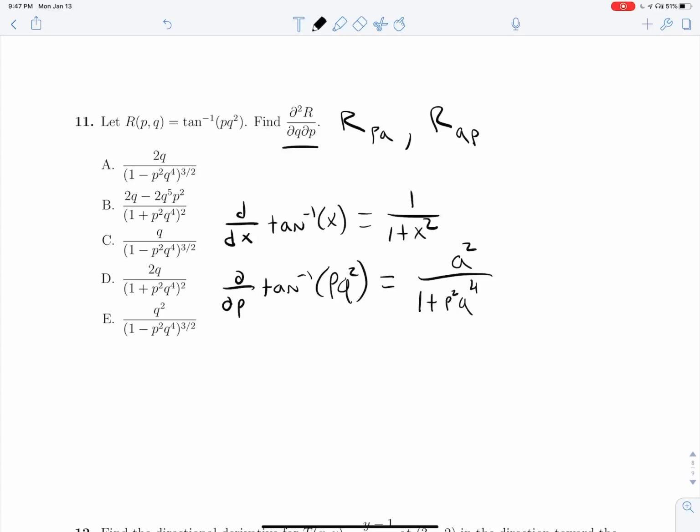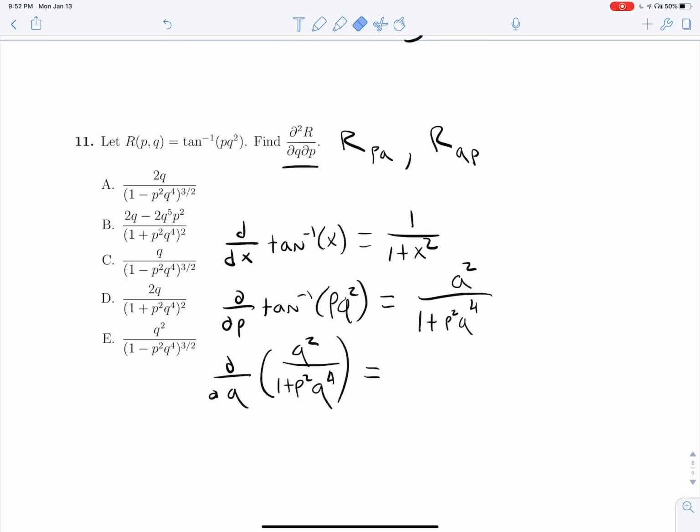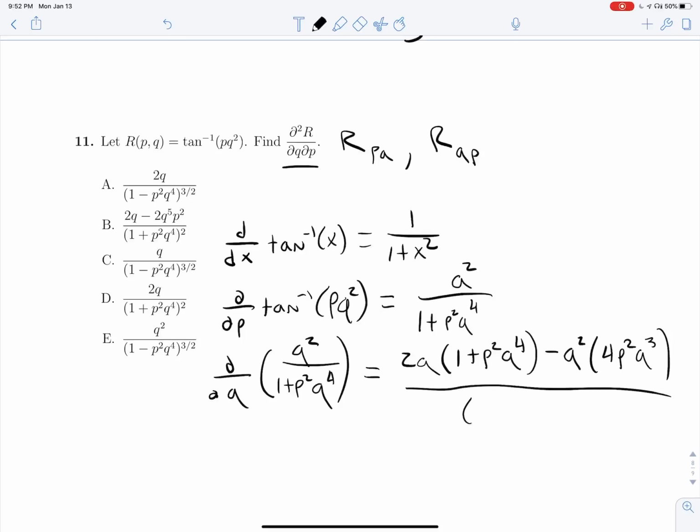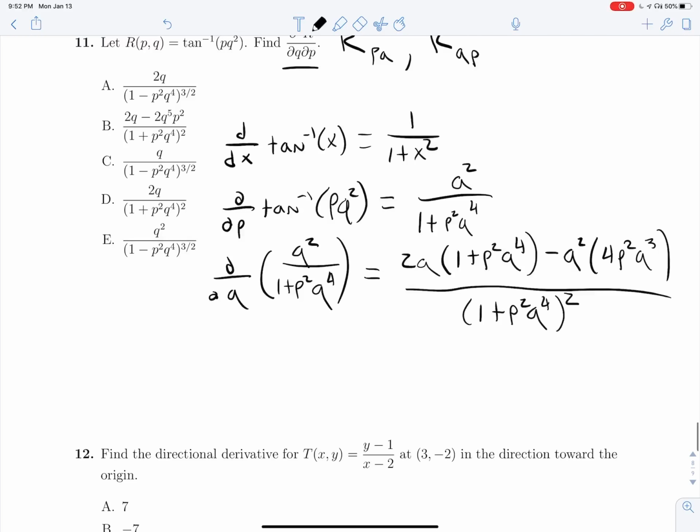Okay. And finally here, we have to apply partial q to q squared over 1 plus p squared q to the 4th. And this is going to give us 2q times 1 plus p squared q to the 4th minus q squared times 4 p squared q to the 3rd, all divided by 1 plus p squared q to the fourth quantity squared.